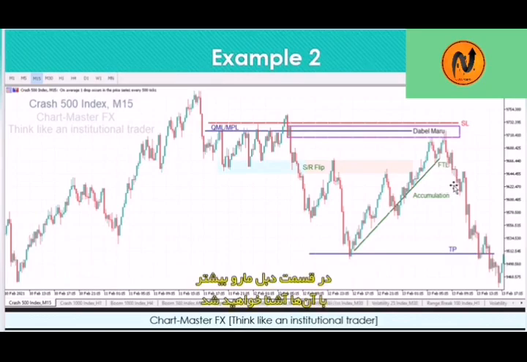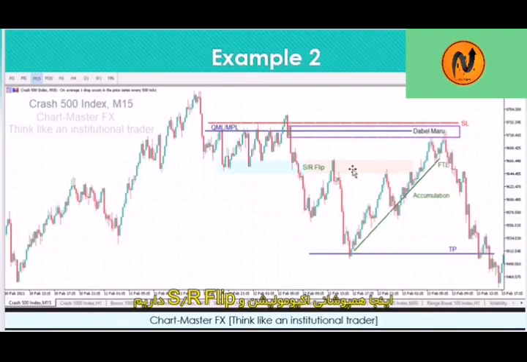You are going to see and be able to know more about the double maru. The module for that is going to come. So here you can see that we had a confluence of accumulation and SR flippy, where support turned into resistance here. So that's example number 2.